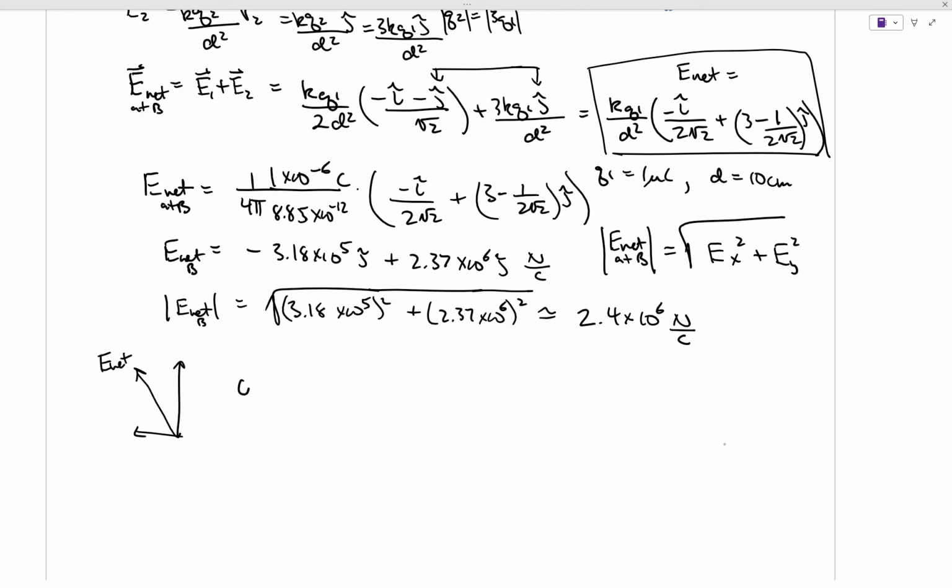To get the direction, for that you would use arctangent. Let's do it in a couple steps. Tangent theta is going to be Ey over Ex. So you would just look at the ratio of those to say, okay, theta is going to be inverse tangent of Ey over Ex.